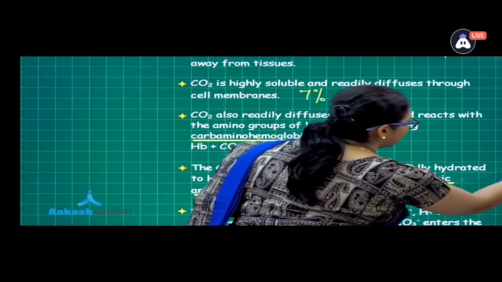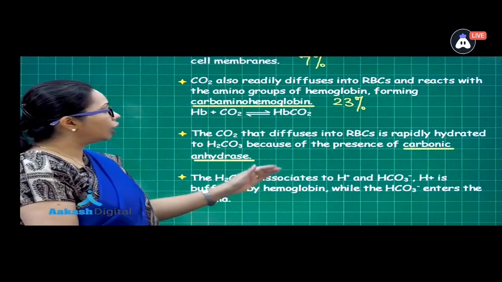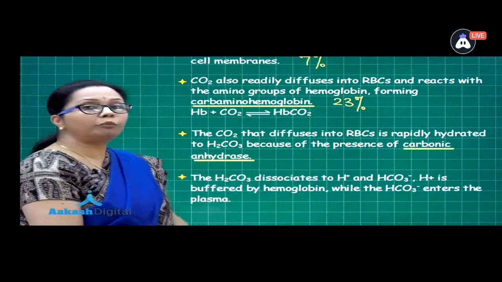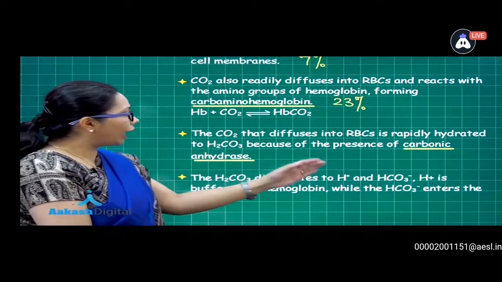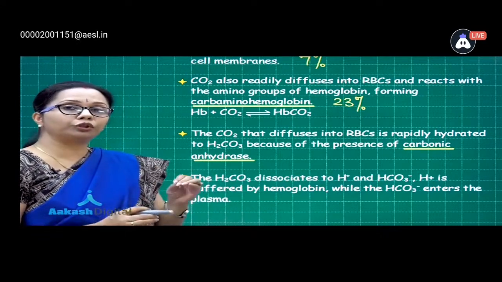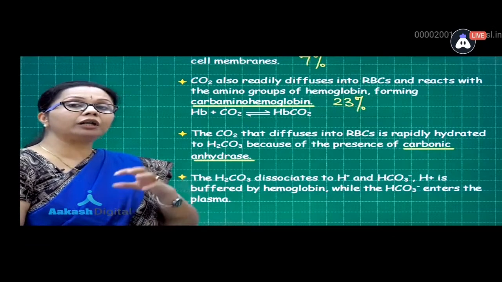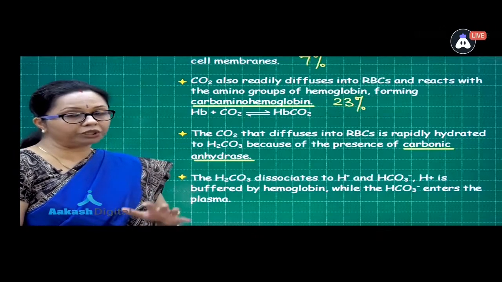Now this carbonic acid readily dissociates to form hydrogen ions and bicarbonate ions. Now if hydrogen ions increase inside the RBCs, there is going to be a decrease in the pH, or we can say the internal environment of the RBC is going to be disturbed.